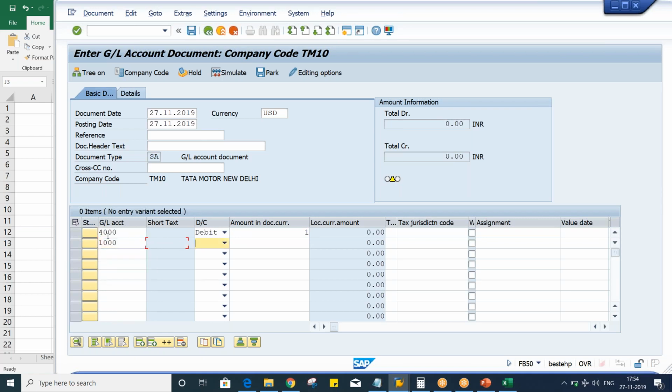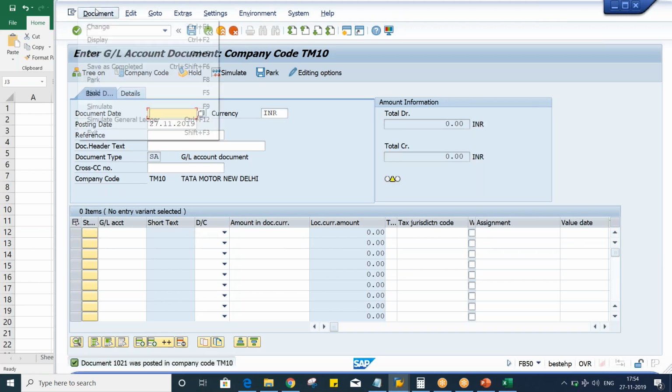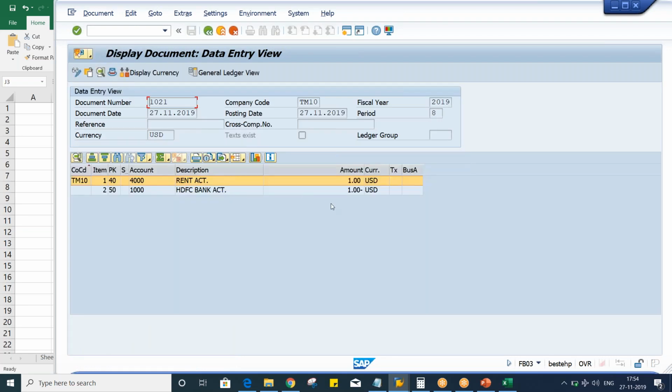Now this time if you post 1 USD, what is happening? Just save it. The system is going to show you how much. Click on display. The system is going to convert this USD into local currency, in the sense Indian currency, and the amount is supposed to be 40,000. Look here, guys, the magic. Now the system has taken 40,000.